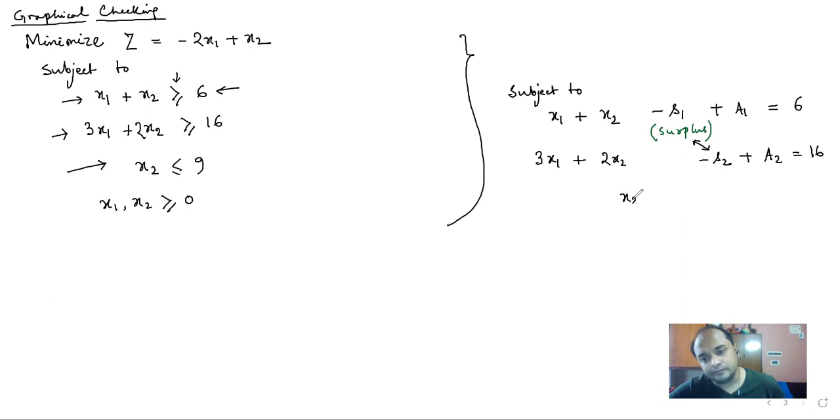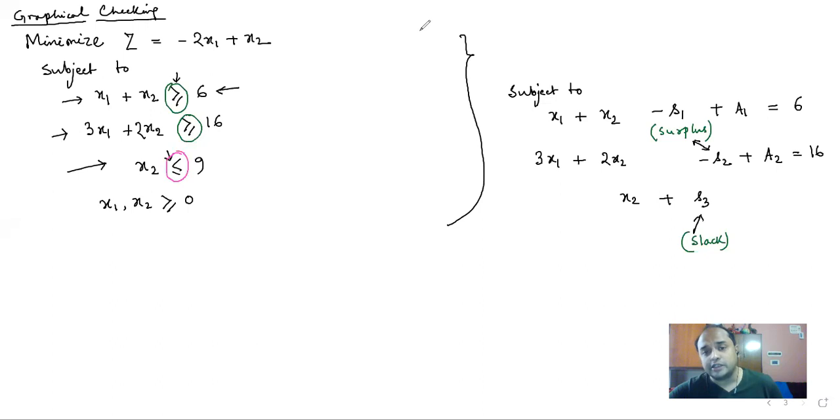What about x2 less than or equal to 9? This is a lesser than type inequality, whereas the earlier ones were greater than. So x2 plus s3 equals 9, where s3 is a slack variable.